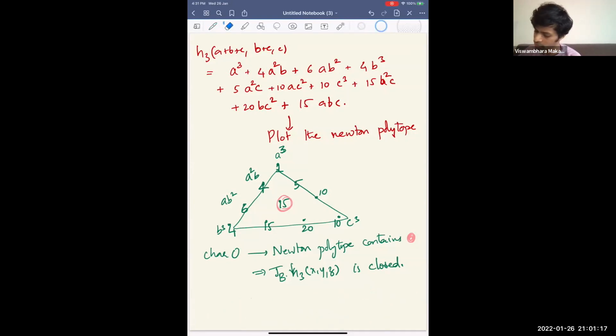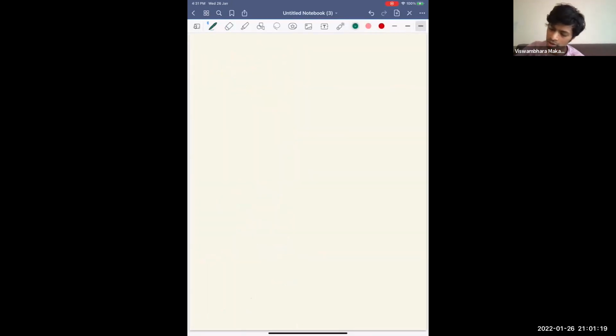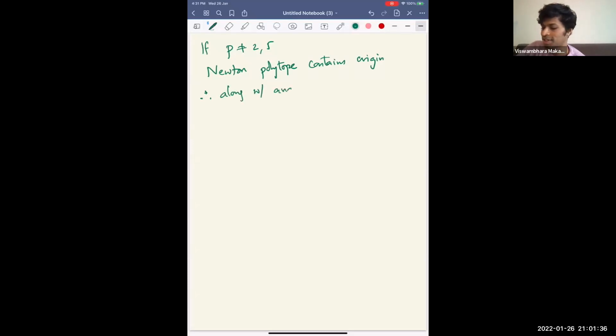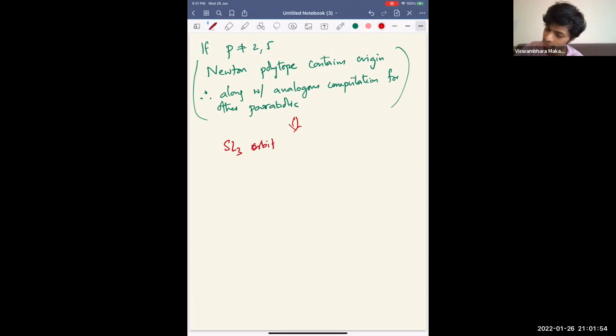So if the characteristic is not 2 or 5, the Newton polytope contains the origin. Therefore, along with the analogous computation for the other parabolic, you take all of this and you conclude that the SL3 orbit of H3 is closed.